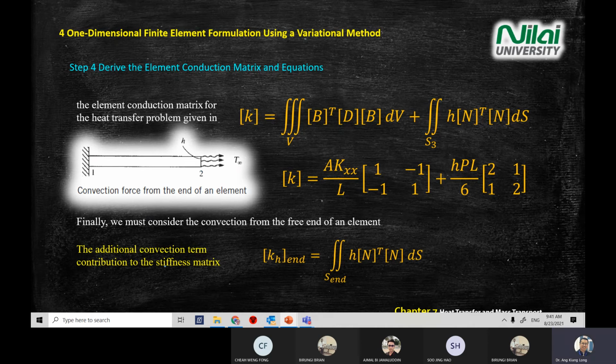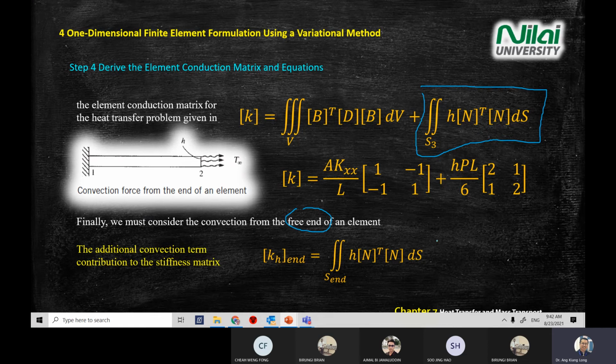So if you have a free end, then you need to add one more matrix to your equation here. That's why you see this one actually, when your end is open, then you add this form.